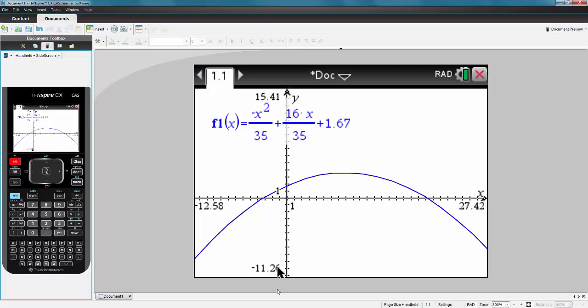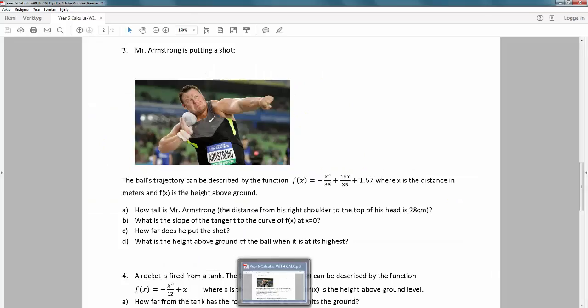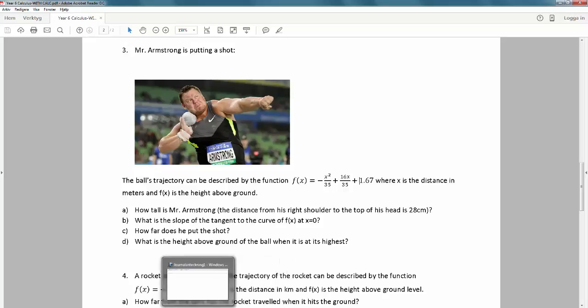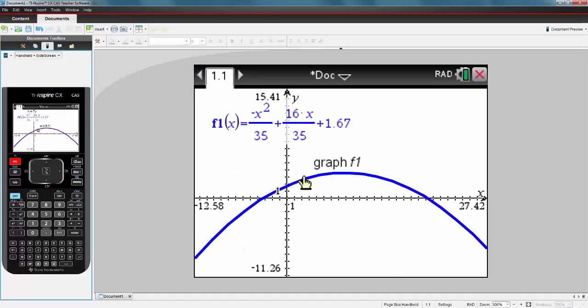So the ball is here against his right shoulder, as we can see in the picture. Then it will travel through the air from here, up in the air, and eventually hit the ground somewhere over here.